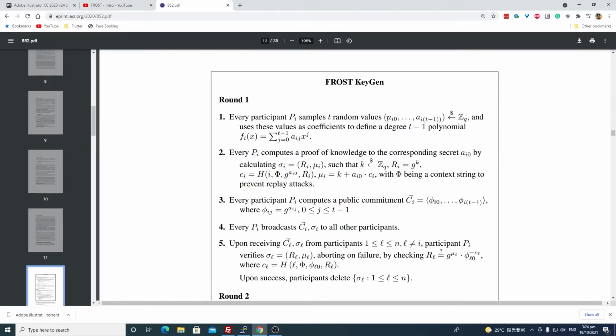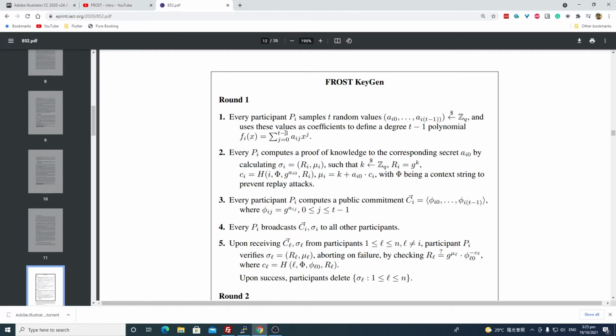So we have ai0 to ai(t-1). So this is for user i, and you go from 0 to t-1. So you have t parameters, and they all have to be random. The q here is a large value, just saying that it's an integer between 0 and q-1.